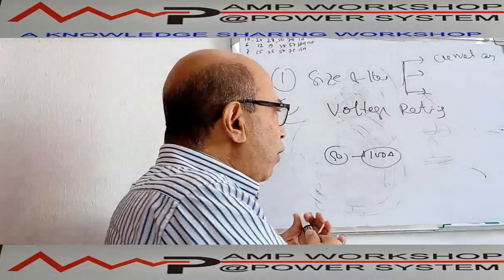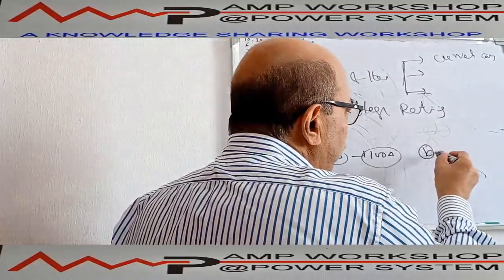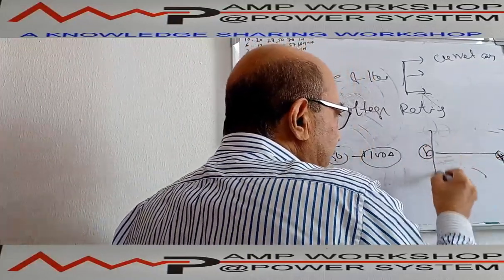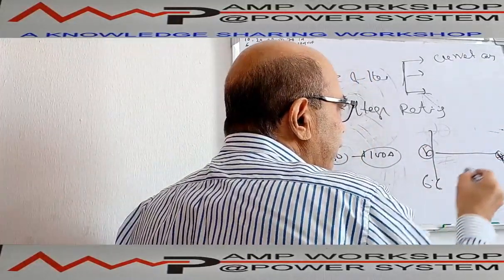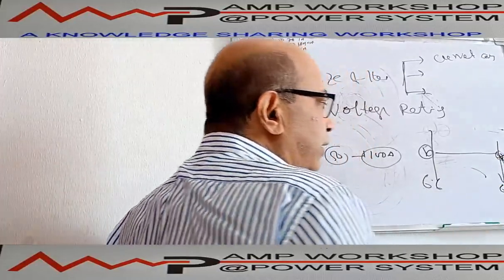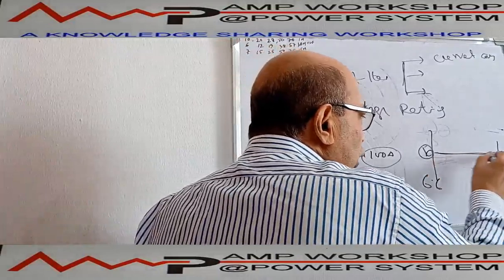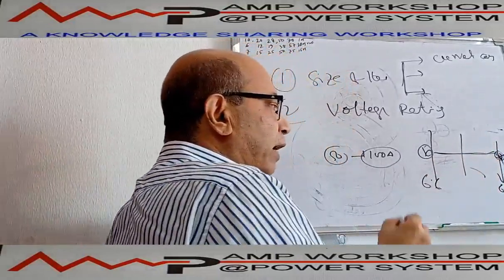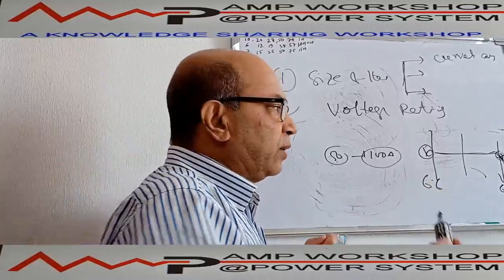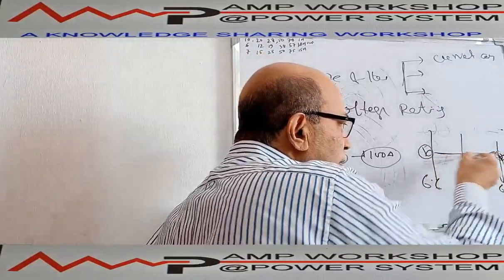Suppose from one point we need to take power 2 kilometer away, at a 6.6 kV voltage, and we need 6.4 kV over there. This 2 kilometer cable is a conductor; it has a resistance and an inductance, so there is a voltage drop along the cable.